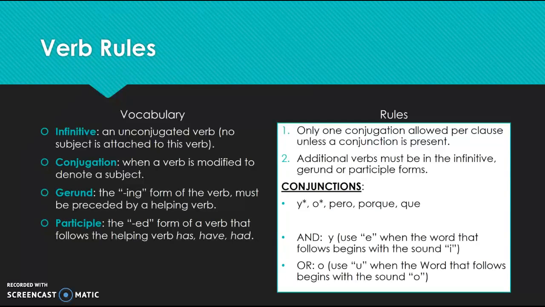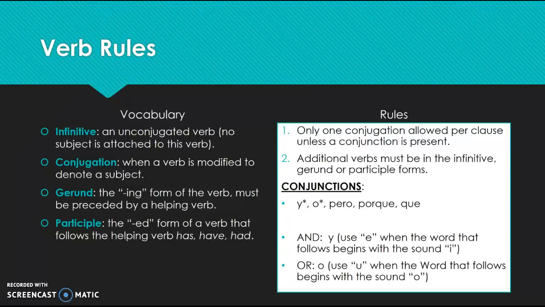Now, y, which is and, and o, which is or, have some special forms that we need to be aware of, and it's similar to in English where we have a book, but then we say an elephant. To avoid that redundancy in sound, if you want to say and, but your next word starts with the sound e, you don't want to say e, so you turn it to a.